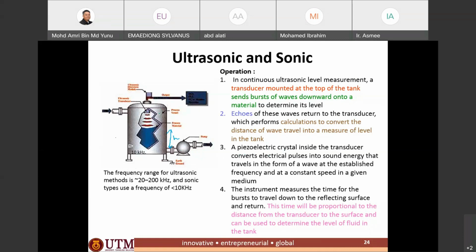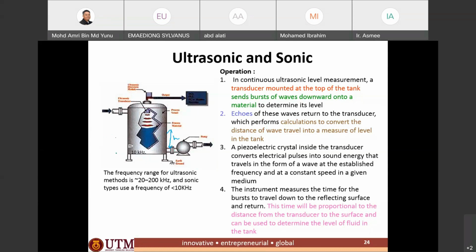Then when the signals reach the surface, the echo, or some of the wave, will be reflected back to the receiver, and the time of flight of the signal can be used to estimate the actual height of the material if we know the actual height of the tank.